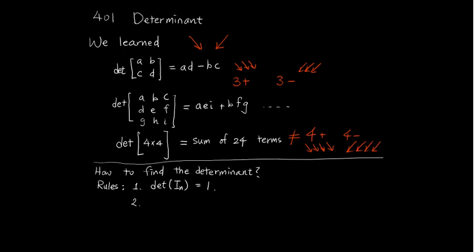Next, we have three types of row operations, and we want to study how each row operation changes the value of the determinant.